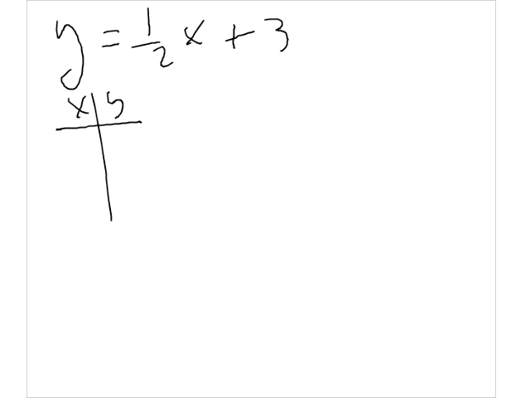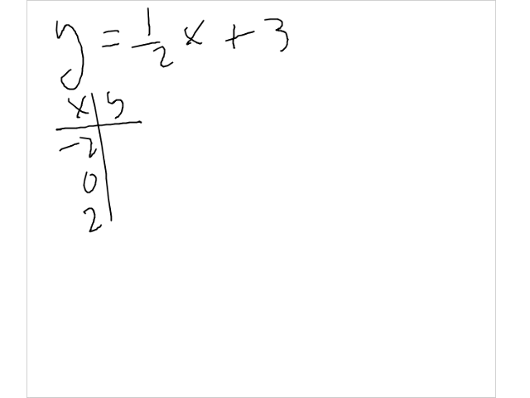Now, this is going to be an easier question for us because the y is by itself, like it was in the previous question, and they've given the numbers they want us to plug in: -2, 0, and 2. Remember, in question 2, they gave us the numbers, but we had to do some extra work. Here, it's just a matter of taking a half times the number we're going to plug in and then adding 3 to the result.